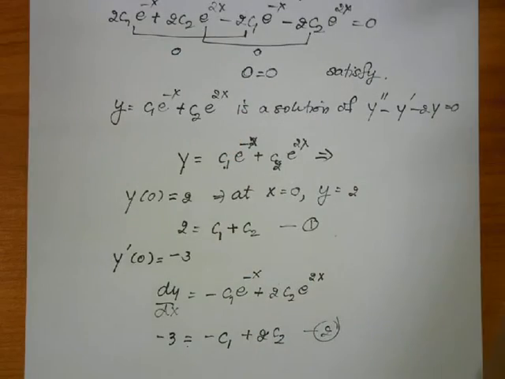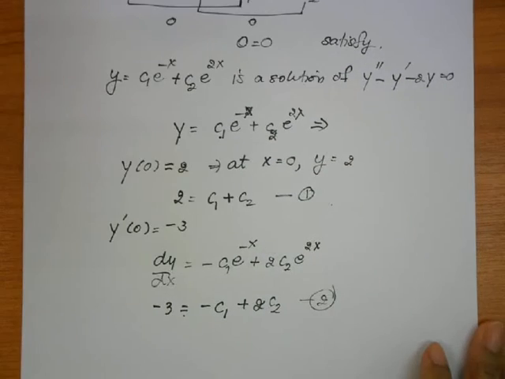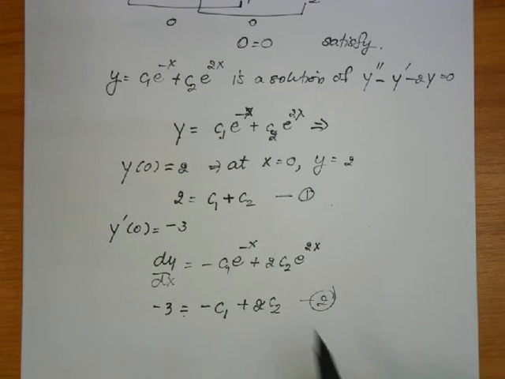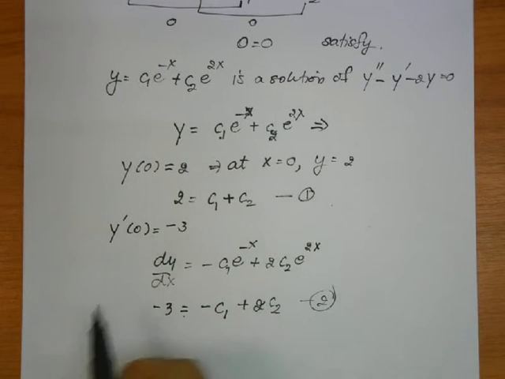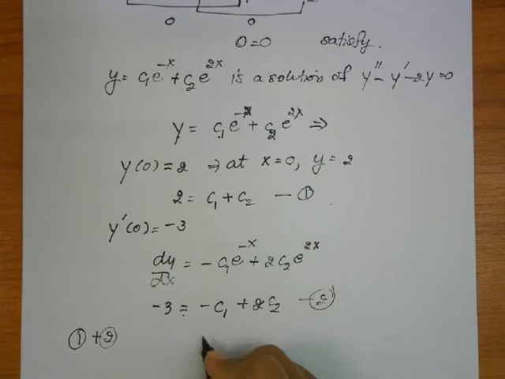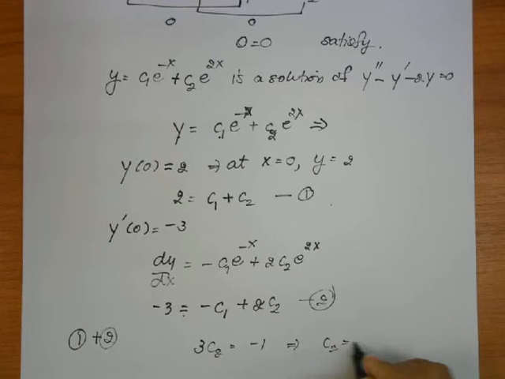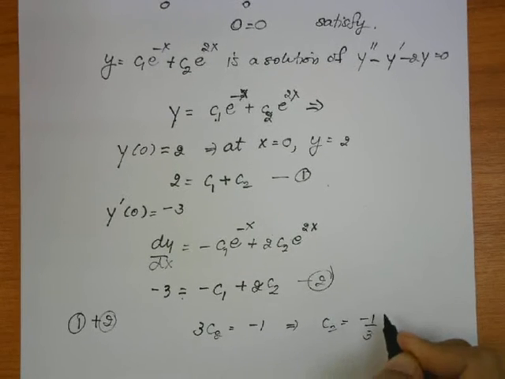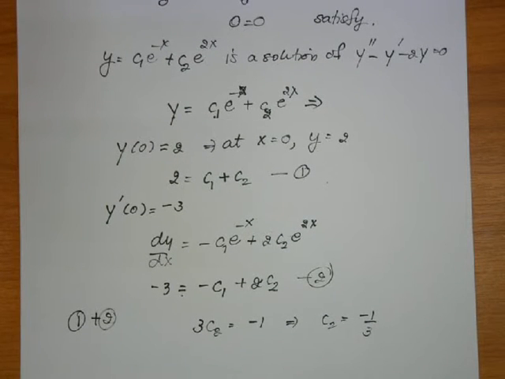Can you find that two unknowns? Yes, you can. You use equation 1 plus equation 2. You would get 3c2 is equal to minus 1. So c2 is equal to minus 1 over 3. Right?